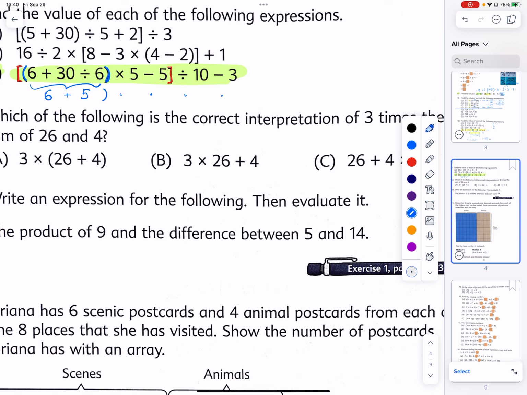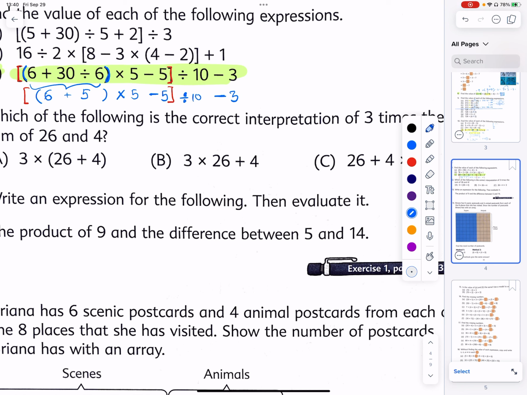Let's keep the parentheses around, times 5. Copy the rest of this expression, minus 5. Close our brackets. We're copying over the rest so we don't make any mistakes. Divide by 10 minus 3.